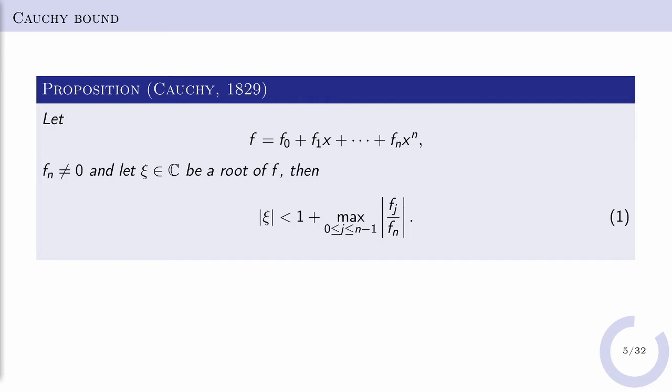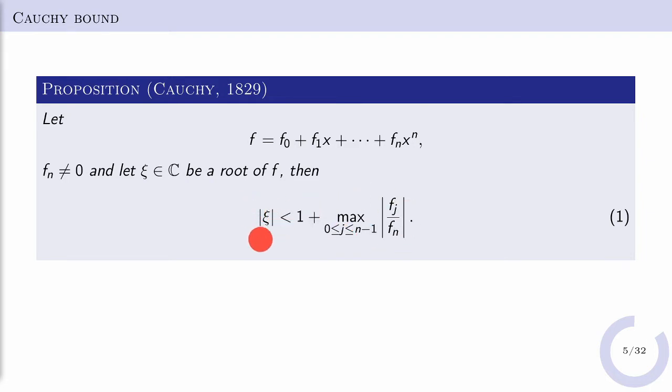First, we assume that the absolute value of psi, so the absolute value of our root, is less than or equal to 1. If this is the case, then our assertion is trivial, because if this does not exceed 1, then of course the right hand side is greater than 1, because we have 1 plus something positive. At least one of the coefficients must be non-zero, so this part is definitely positive, so this right hand side is greater than 1.